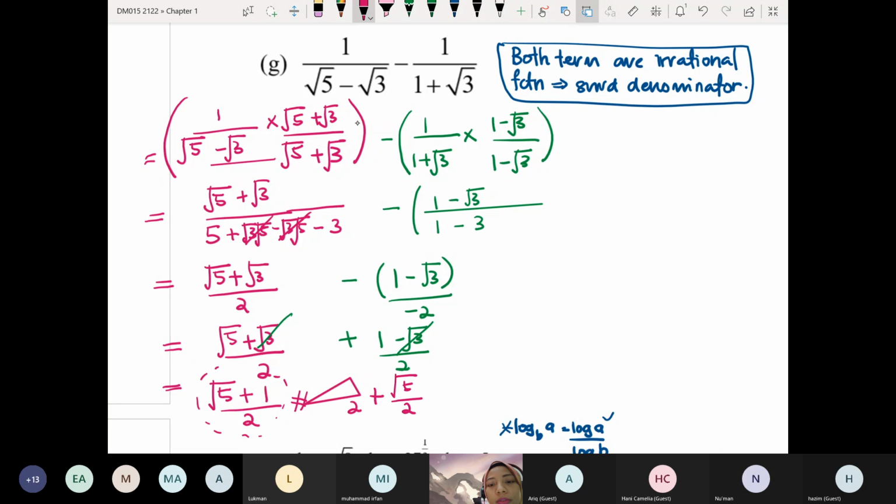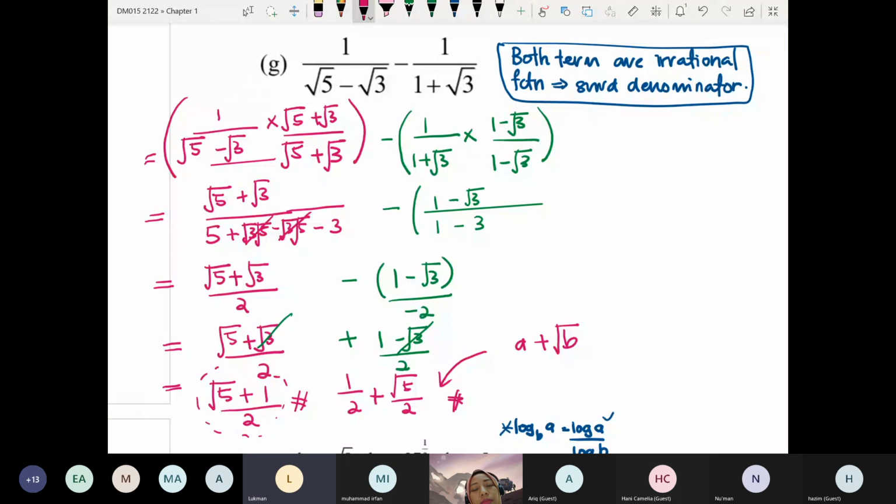Barulah you dapat dalam bentuk A plus √B, where your A adalah 1 over 2, your B adalah 5 over 2. Is it clear to you?